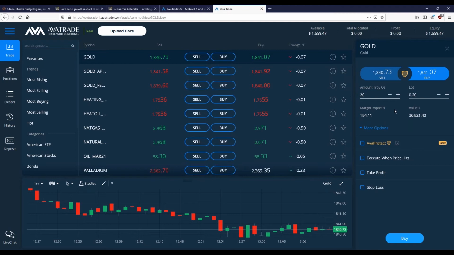So for the average user, there's almost no difference between MT4 and MT5. For more advanced stuff, you would have to reprogram robots and that sort of thing to have them function on the MT5 from the MT4 or vice versa.